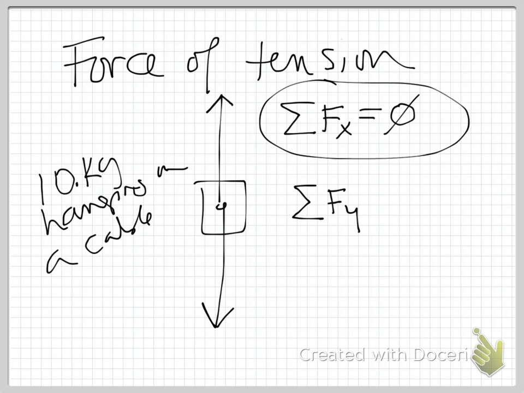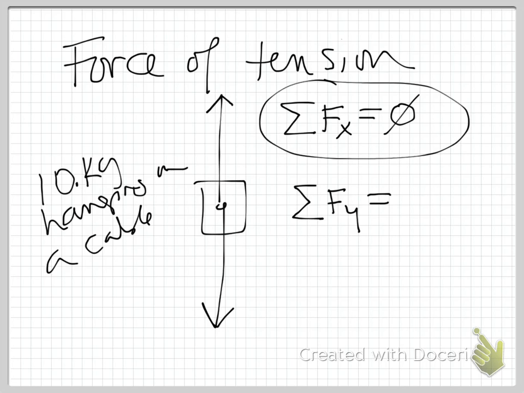So sometimes even though we aren't using what's going on in one axis, it creates an expression for you to solve the axis we are working with. Okay, so sum of forces on this box hanging on a cable, 0.